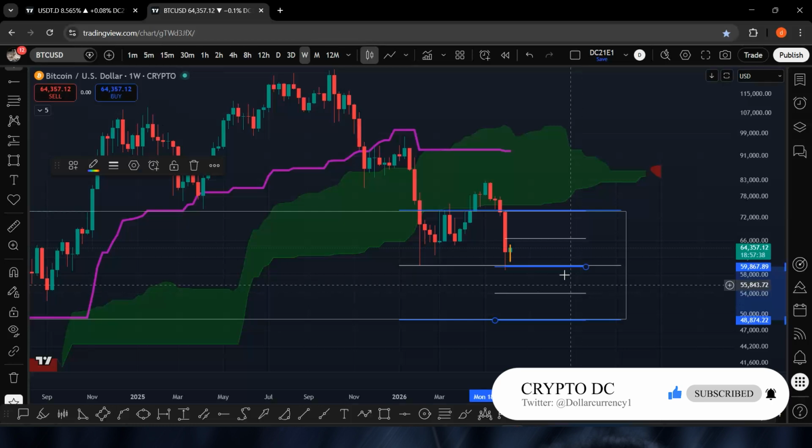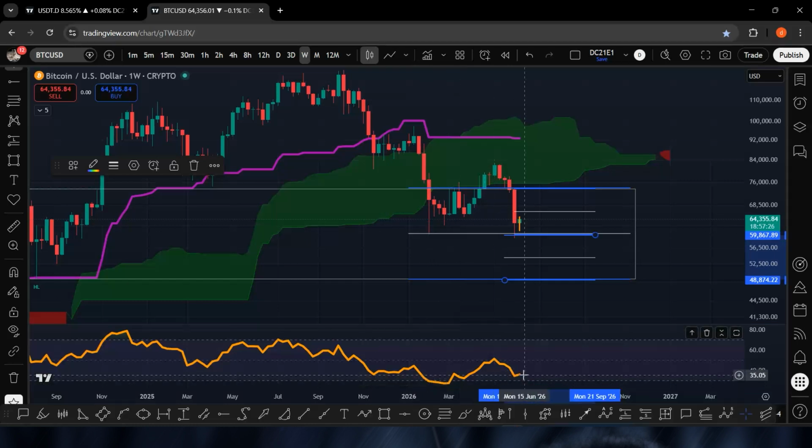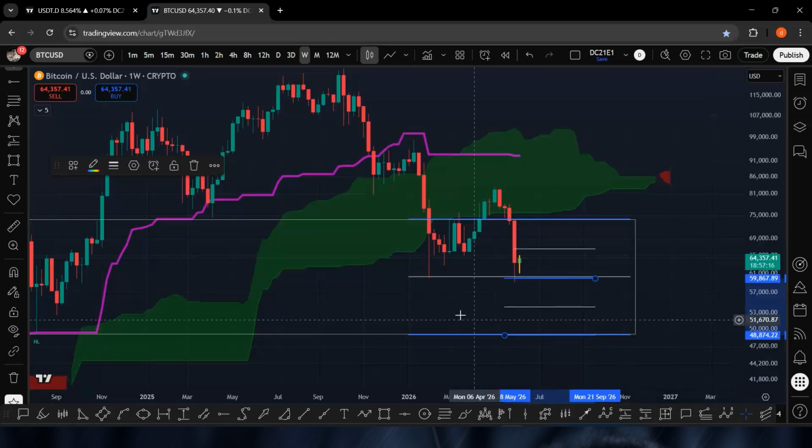So the thing is, on a weekly time frame, we have a small bullish divergence here. We formed a lower low on the price, higher low on the RSI. It's not confirmed yet, but we will keep an eye on this one, okay? But on the Bitcoin right now, we have two zones.